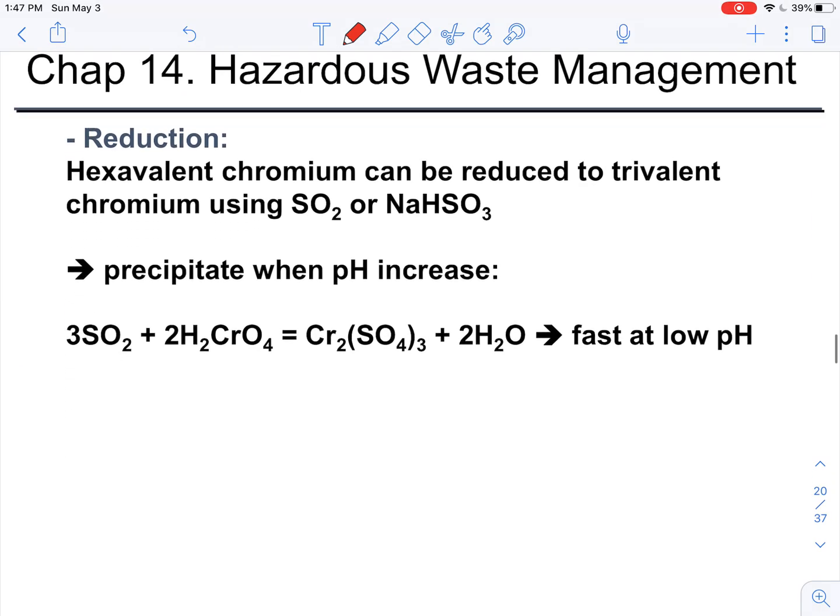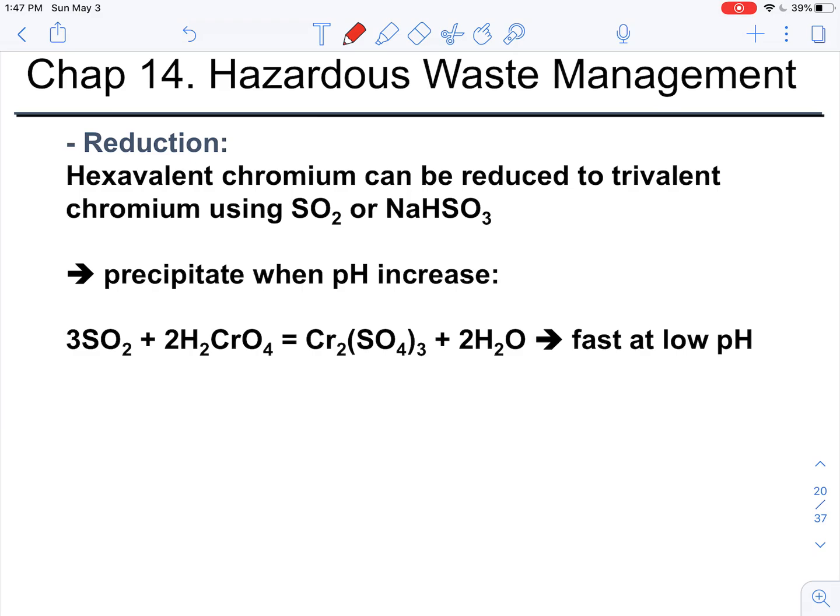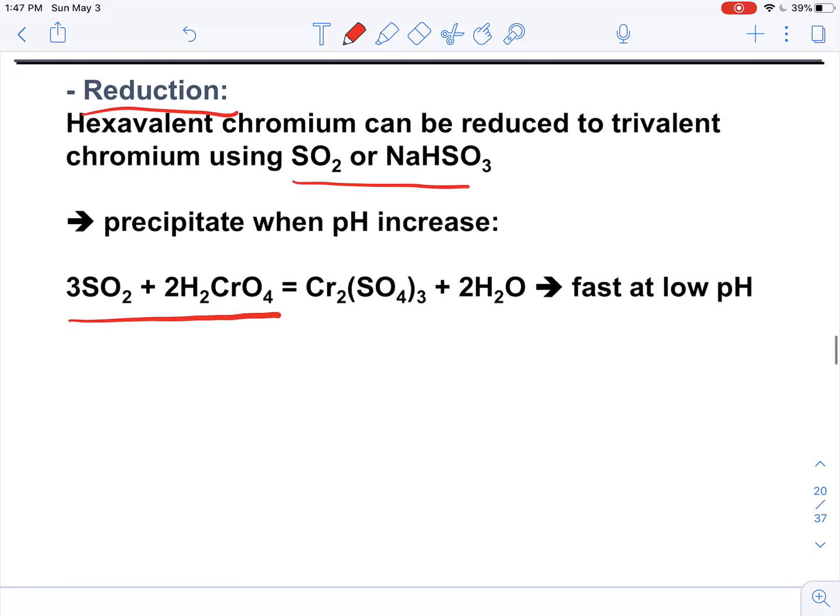And finally, in terms of the management, we can use the reduction method. So this is an oxidation-reduction process, right? You can control the pH and also control the oxidation process to, for example, remove the chromium.